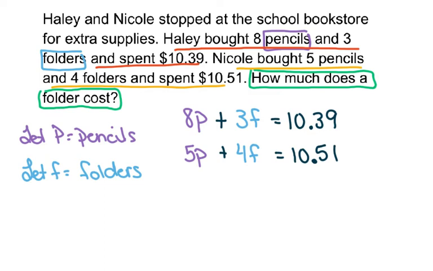So now I'm going to take a look at these and figure out what I need to use to solve that. Well, again, I'm trying to find the cost of folders. So I'm probably going to work on eliminating the pencils to save myself some extra steps. So I need to figure out what the least common multiple is for 8 and 5. And that's going to be 40.